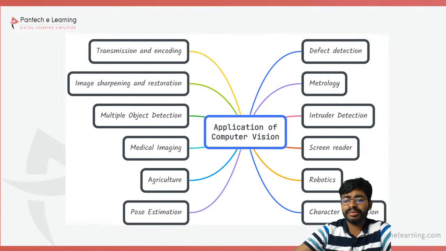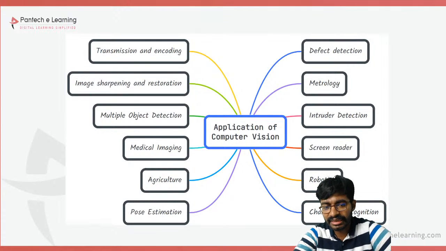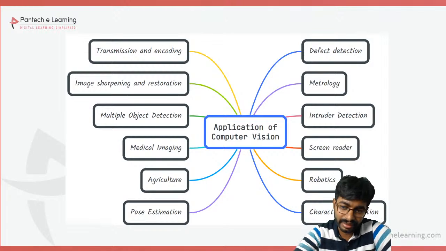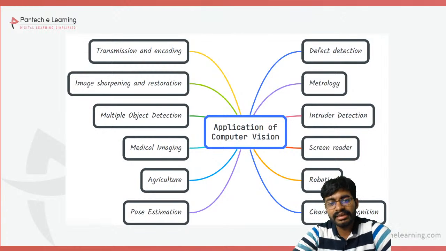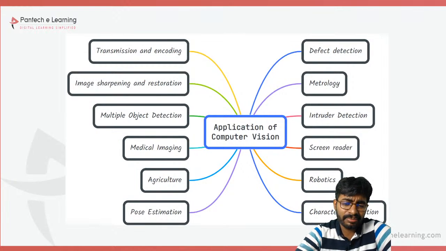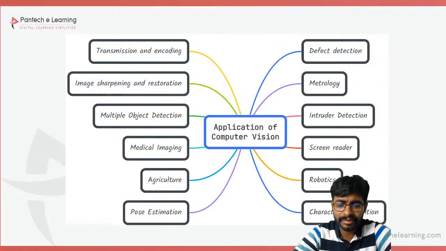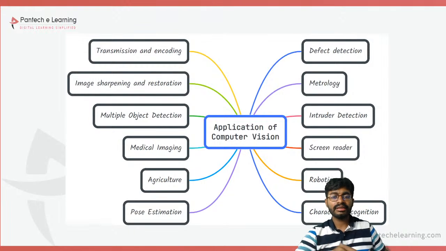So the computer vision applications are spread across different kinds of fields. We can start from the right side first. Defect detection. If one part of any object has a defect, first of all we have to train the defects to the system.